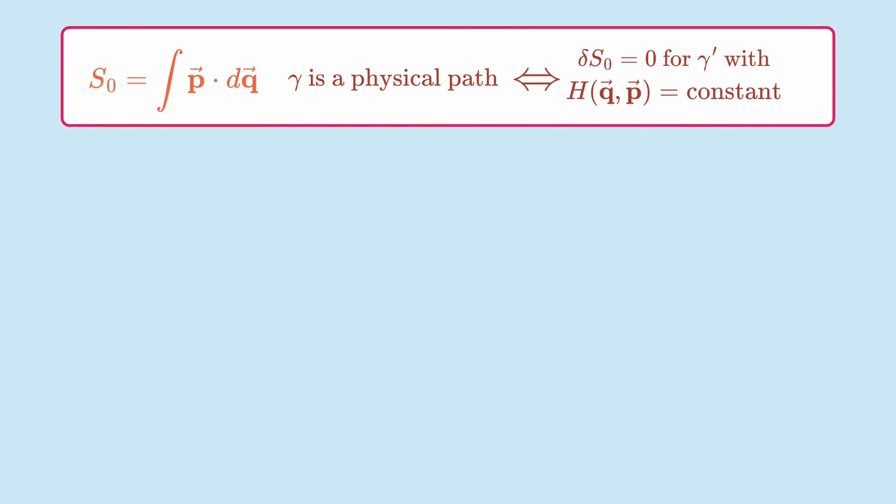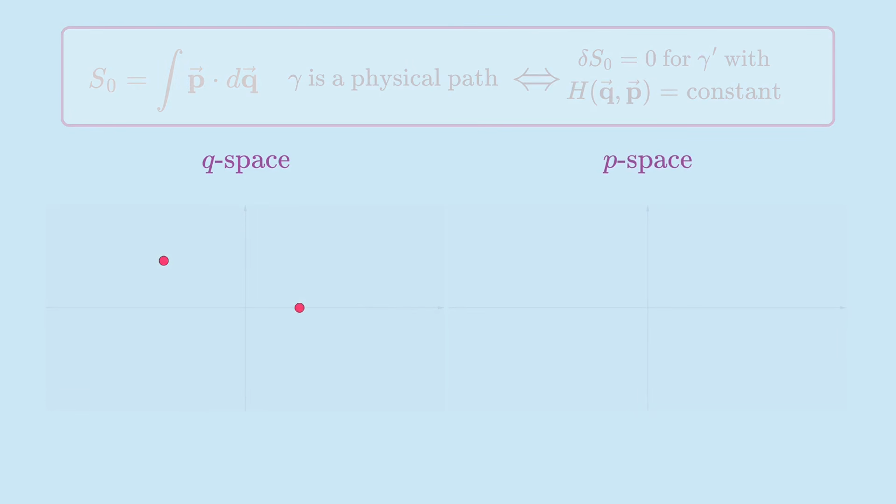Now we go one step further. Let's say we have 2 dimensions of Q and 2 dimensions of P. For a physical path, if we know how it moves in the Q space, then we should be able to use momentum P equal to m times dq by dt to ascertain the path in the P space as well.